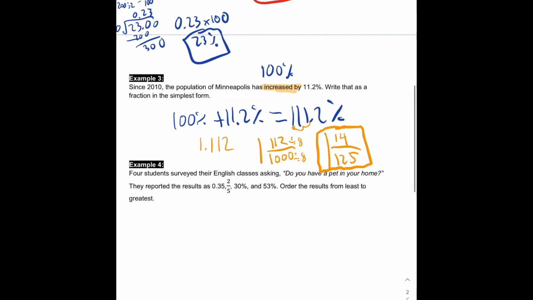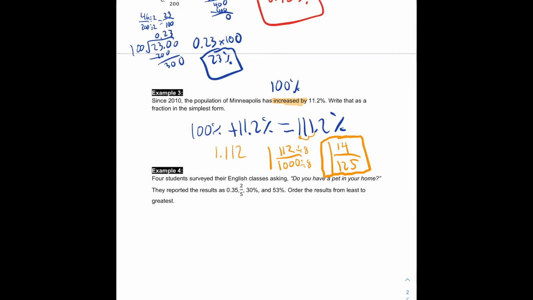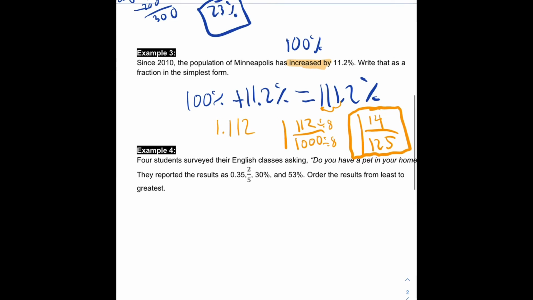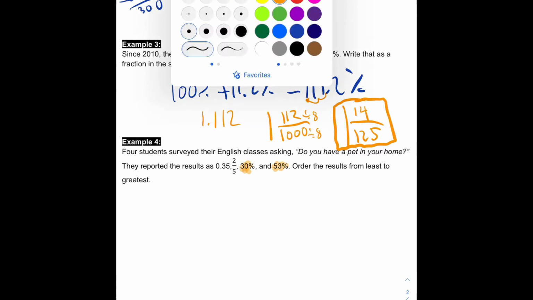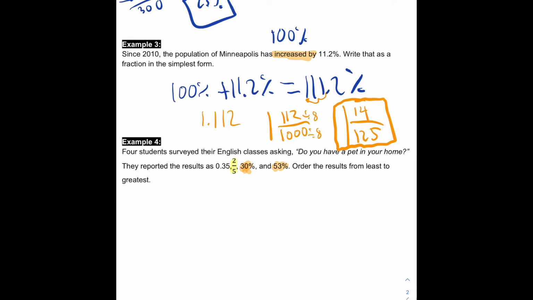Four students surveyed their English classes asking, do you have a pet in your home? They reported the results as 0.35, 2/5, 30%, and 53%. Order them from least to greatest. So again, right now we've got apples and oranges. We've got to get them all the same. So I notice I've got a percent here, a fraction that I can turn to a percent, and a decimal that I can also turn to a percent.